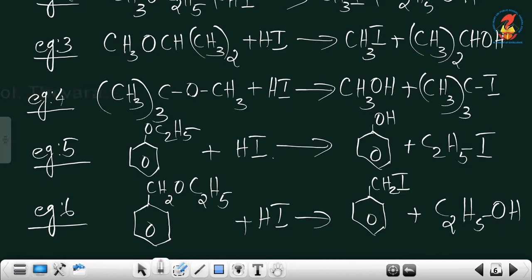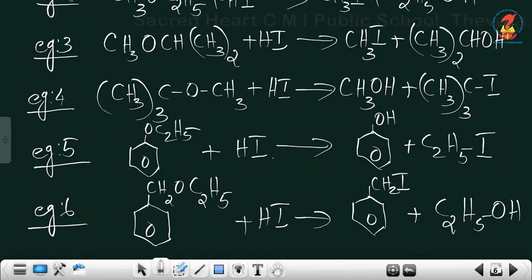Now it is phenol because it is the O-C2H5 bond that breaks, because this bond is weaker than the phenyl carbon-oxygen bond. That is because this carbon is sp2 hybridized.